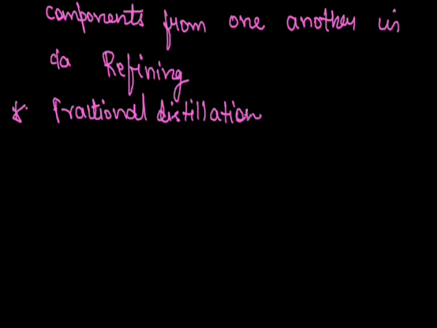It is based on the fact that the different components of petroleum have different boiling points. This is the principle of fractional distillation: the different components of petroleum have different boiling points.